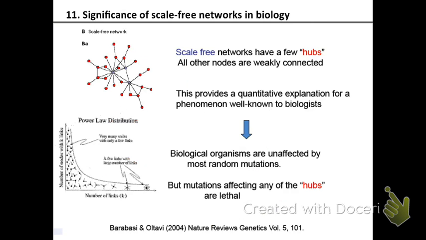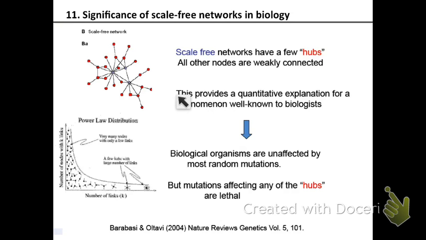So, in summary, scale-free networks have a few hubs, but all the other nodes are weakly connected. And we know that a lot of biological networks are scale-free, and this actually explains some of the earlier observations that biologists have made, but because they weren't thinking at a systems level, they didn't know how to explain this. Now we understand.